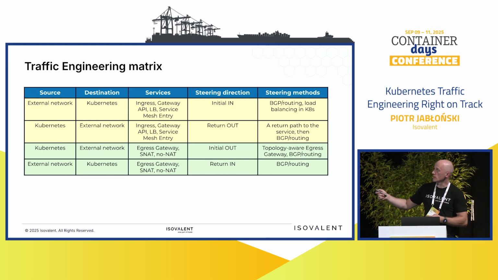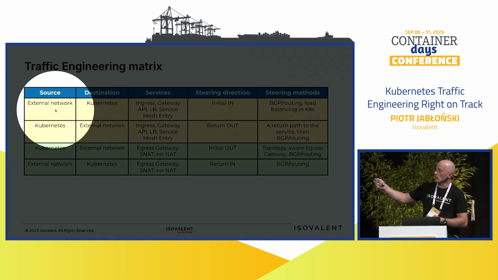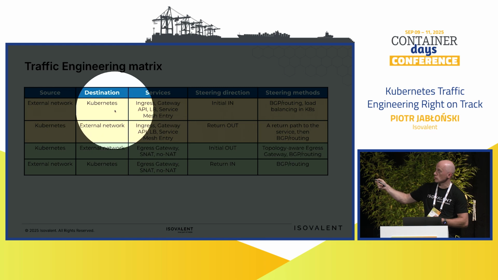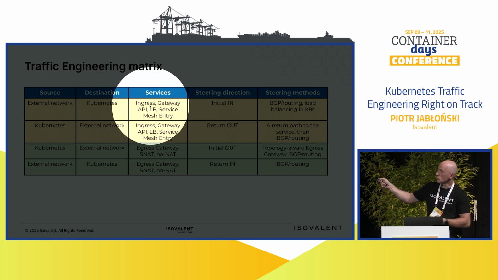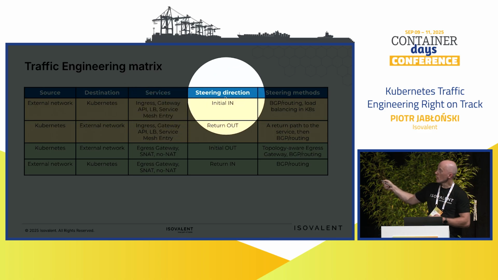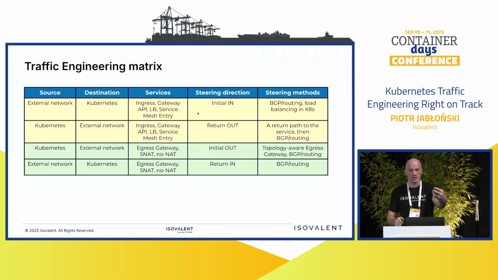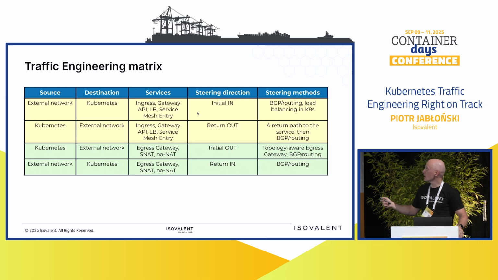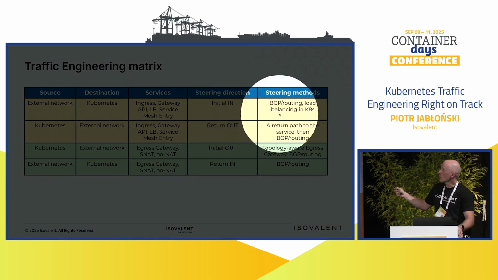One flow, which is yellow, is initiated from the external network to Kubernetes, to the ingress services. The initiating side is the external network. Then we have some steering methods.